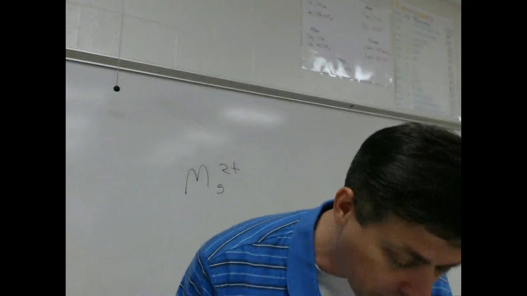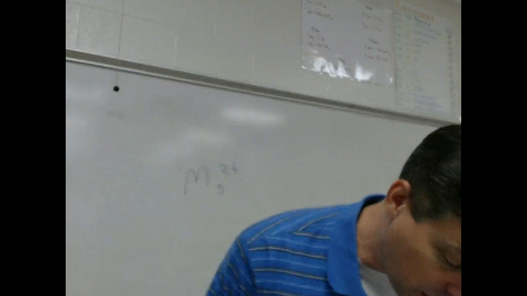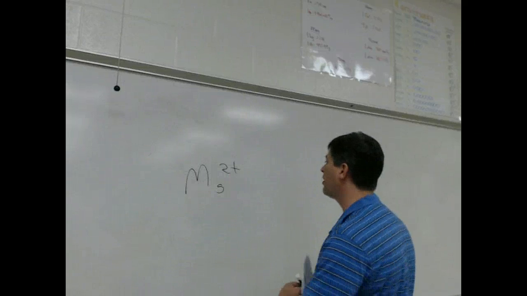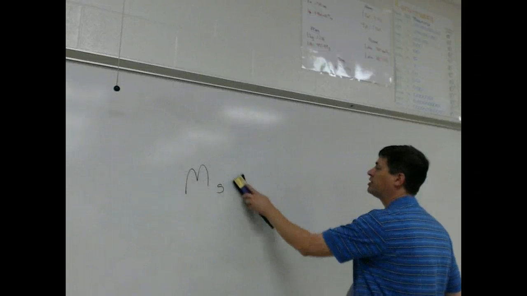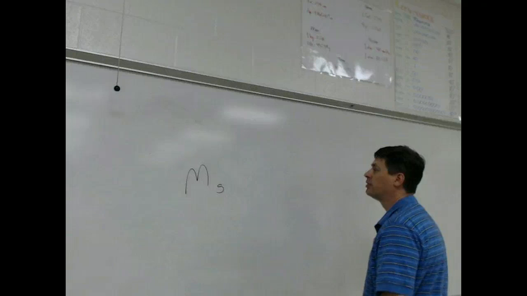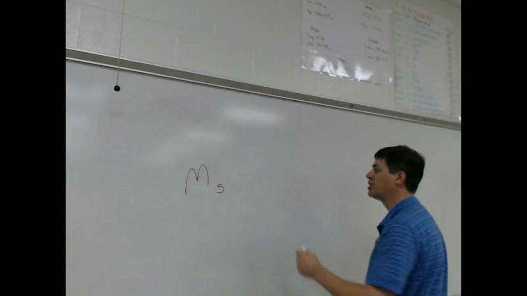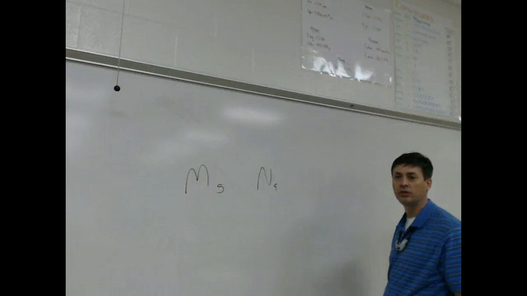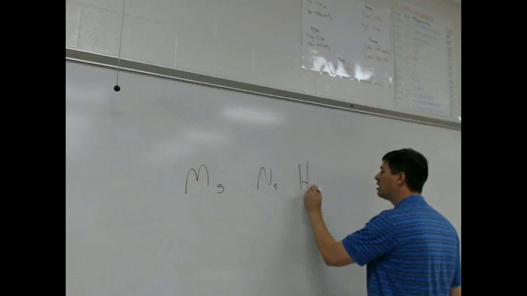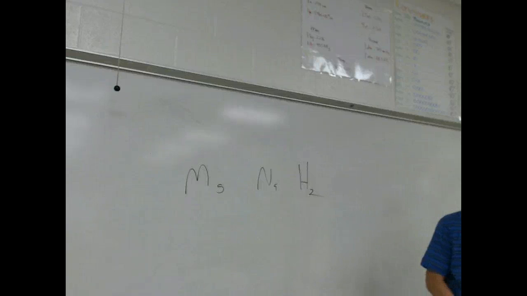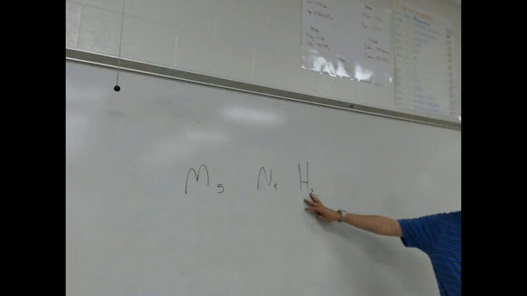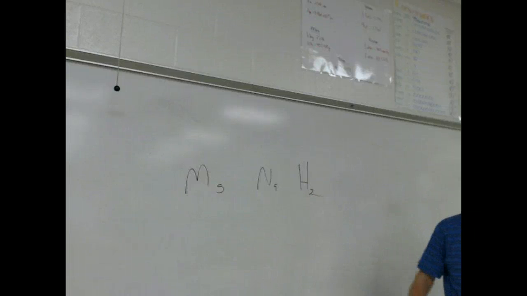Rule number 1: free elements in uncombined states have an oxidation number of 0. So elemental magnesium metal has an oxidation number of 0. Sodium metal, 0. H2, hydrogen, an element in its most stable form, has an oxidation number of 0.